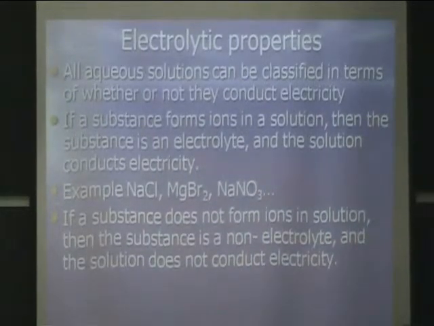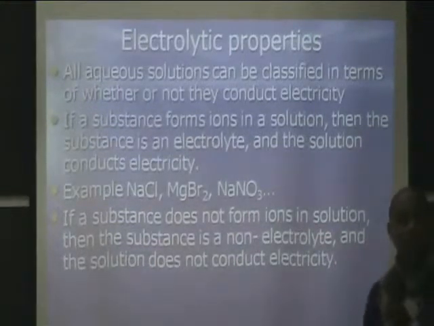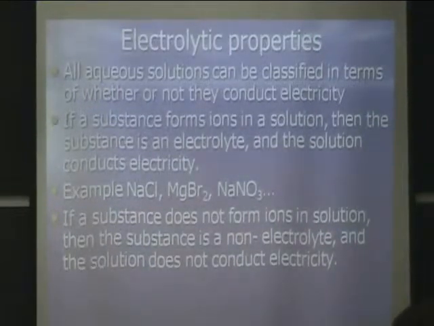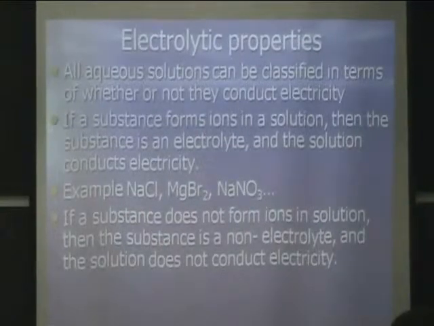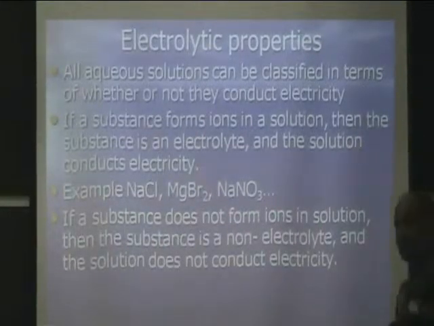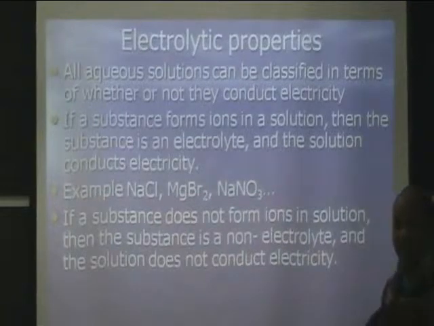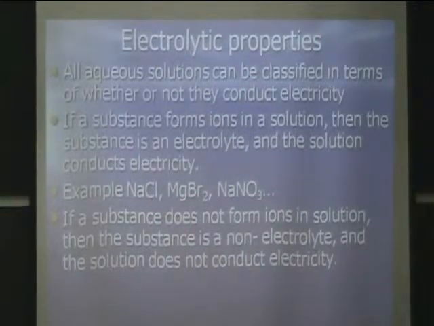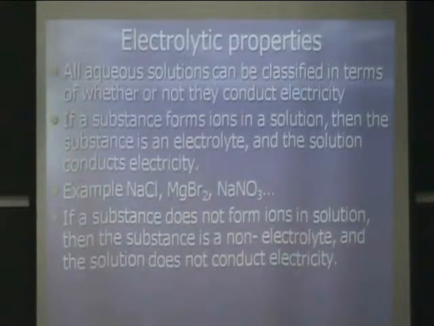Now, if a substance doesn't form ions in a solution, we call that substance a non-electrolyte, and the implication is that the solution doesn't conduct electricity. So an electrolyte is a substance that can carry electric current, that has positive and negative ions.